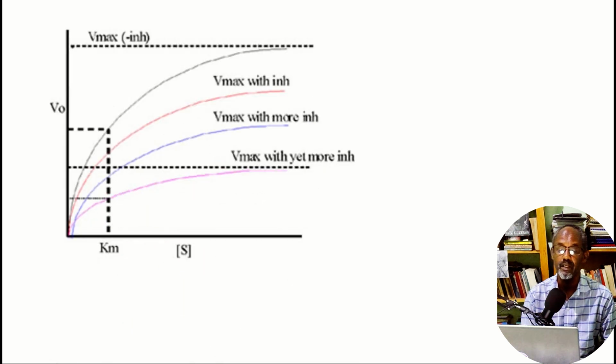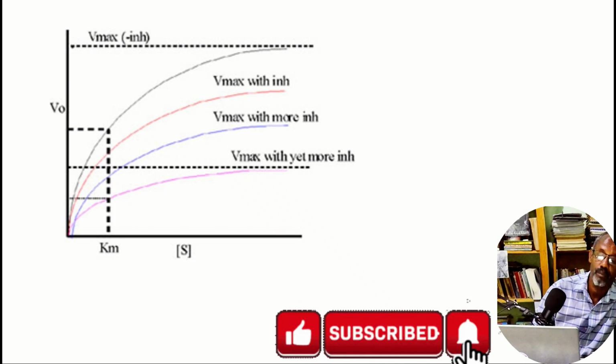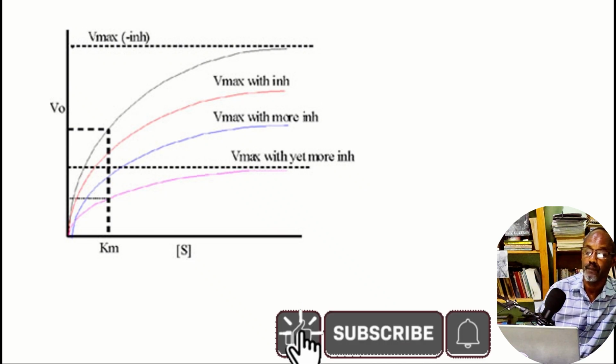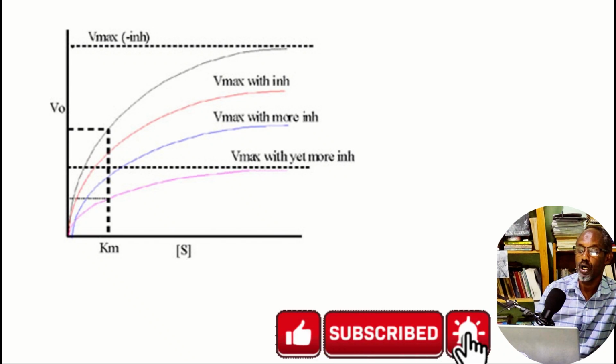You can see the graph here. The first graph is without inhibition. The second shows the Vmax value with inhibition. The third shows the Vmax value with more inhibition, and then yet more inhibition. What sort of inhibitor? Non-competitive inhibitors.